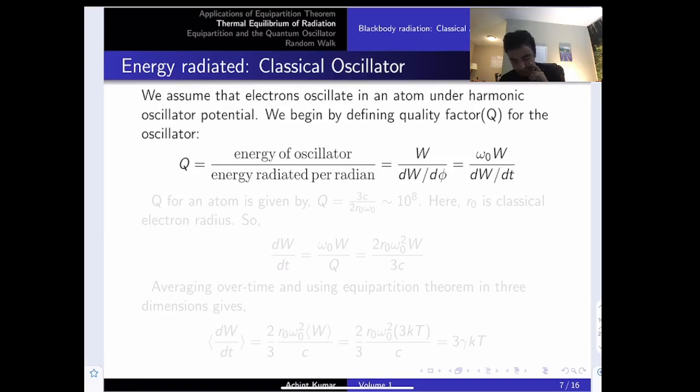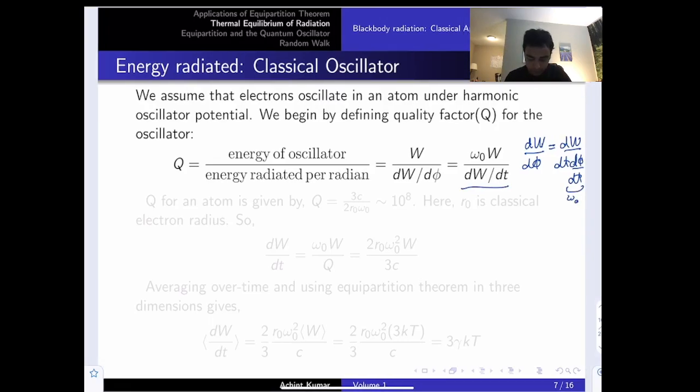I divide the numerator and denominator of the denominator by dt to get the following expression. So I have dW by d phi in the denominator. I divide and multiply by dt to get this. dW by dt remains as is, d phi by dt is omega naught, and that's how I get this expression.